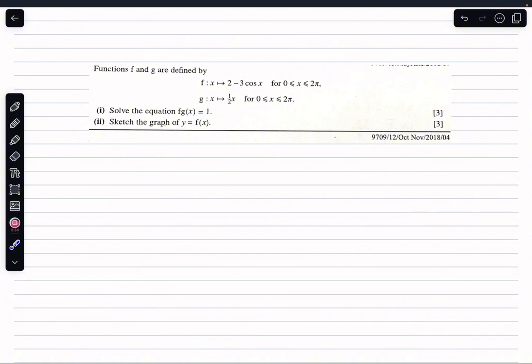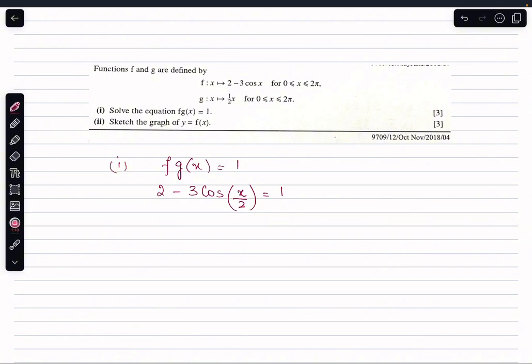So here we can see that trigonometric functions are getting related with the composite function fg, which equals 1. We know that for the composite function fg, in the function f, in place of x, I shall be substituting the function g. Therefore, if my function f is 2 minus 3 cos of x, then in place of x I shall substitute x by 2, and then this will be equal to 1.